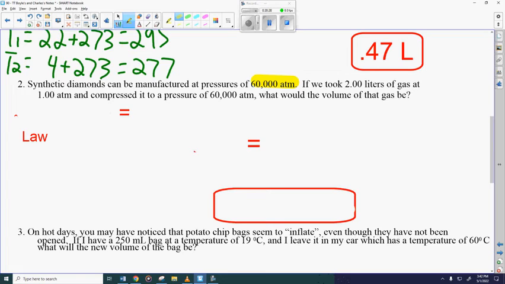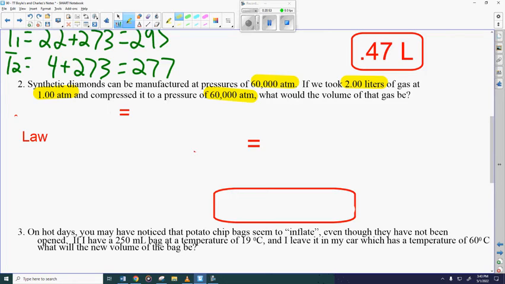Okay, well, let me see here. So I've got 2 liters at a pressure of 1 atmosphere and compress it to a pressure of 60,000. I start with 2 liters of gas at 1 atmosphere of pressure, and then I increased that pressure all the way up to 60,000.